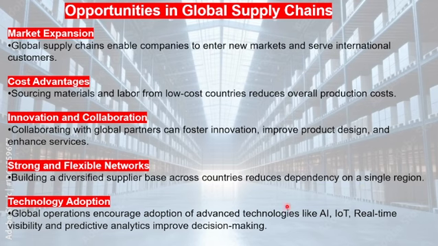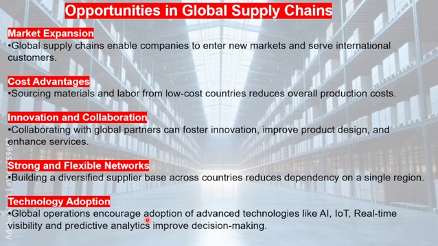Okay, talking about technology, the fifth point, which is technology adaptation. Global operations encourage adoption of advanced technologies like AI, IoT (Internet of Things), real-time visibility, and predictive analysis to improve decision making. For example, China, USA, and Germany are using advanced technology.